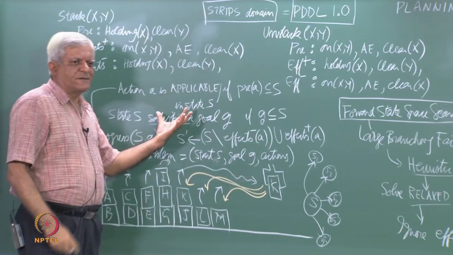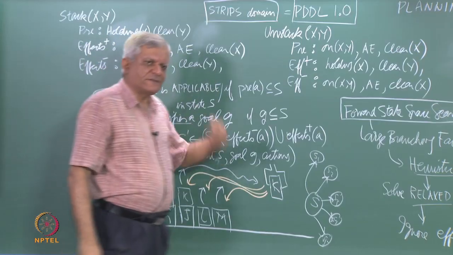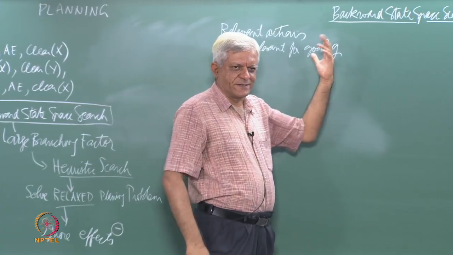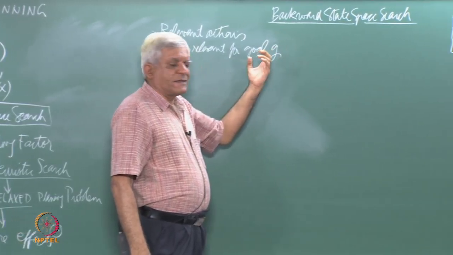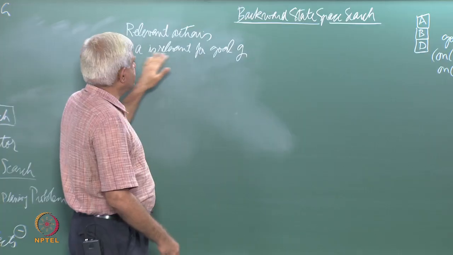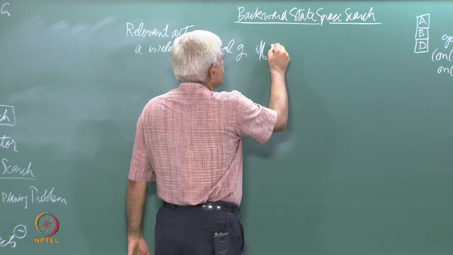In forward state space search, actions are applicable in a given state. In backward search, we will use the term state space search here again. Actions are applicable to goal descriptions, and we say that an action A is relevant for goal G if the following is true.